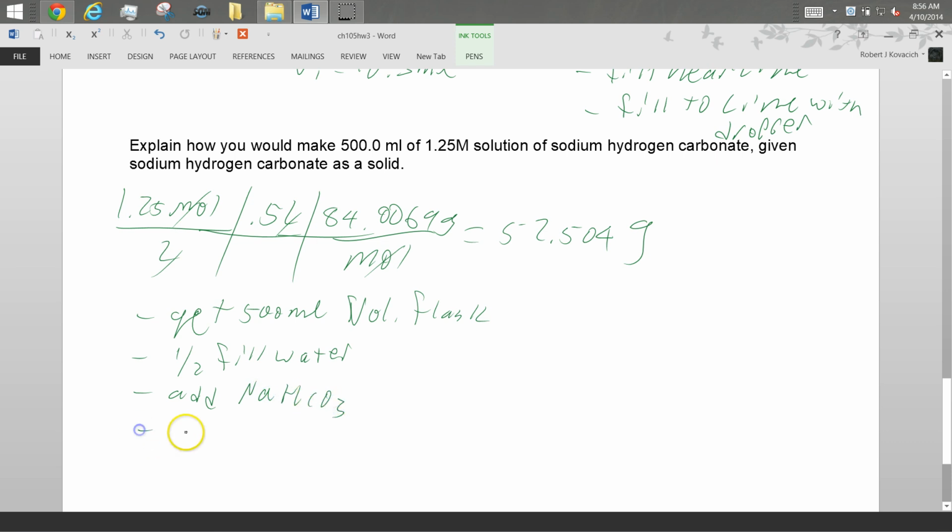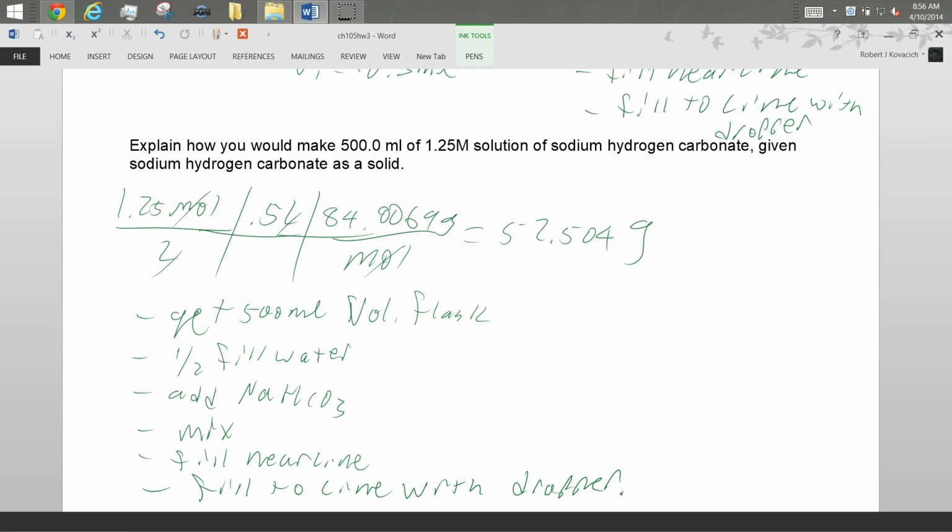Add my baking soda, mix, and then fill near line, and then fill to line with dropper. Alrighty. That's it.